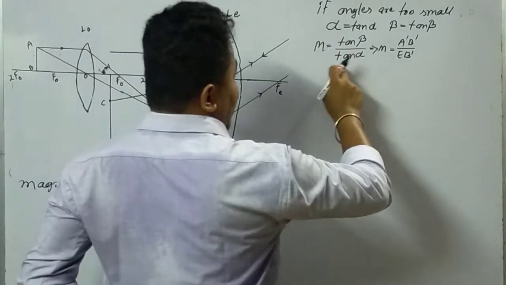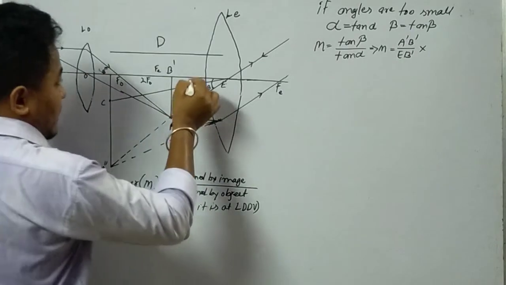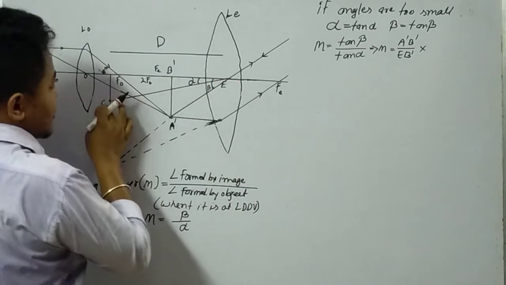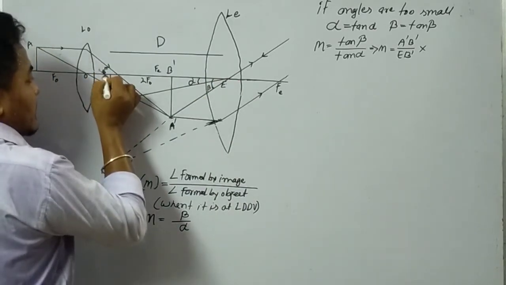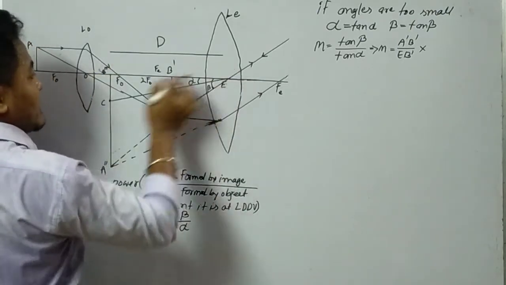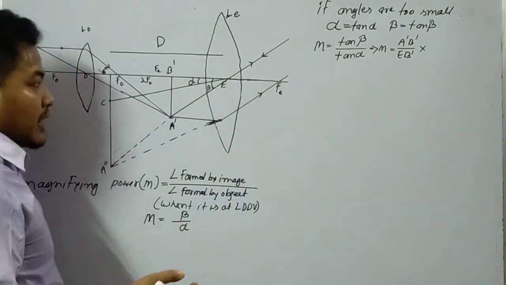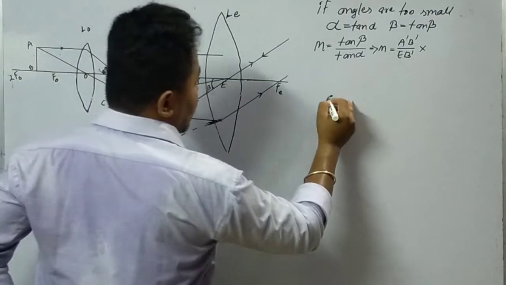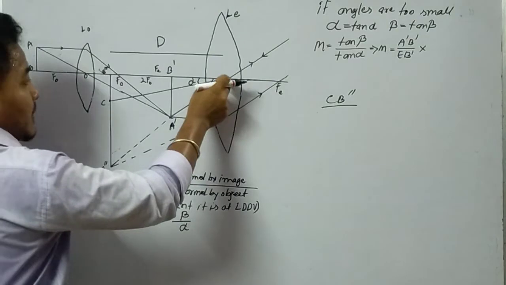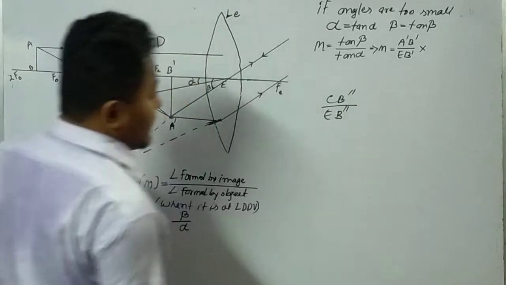Then it will be tan alpha. Tan alpha belongs to this triangle. This is alpha, so triangle B dash E C. From here you can find the tan alpha: C B double dash by E B double dash, perpendicular upon base.